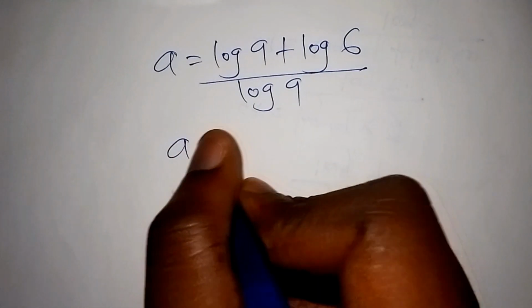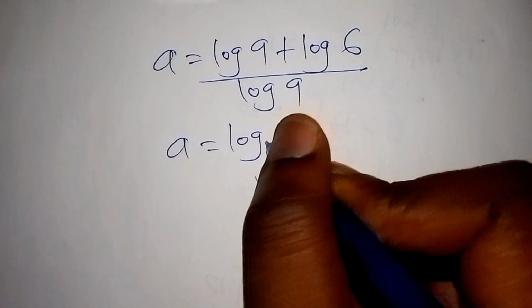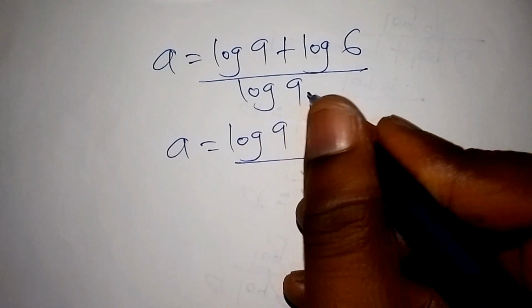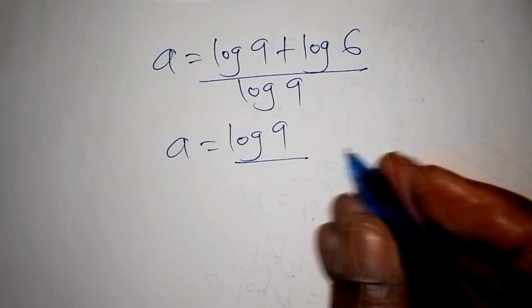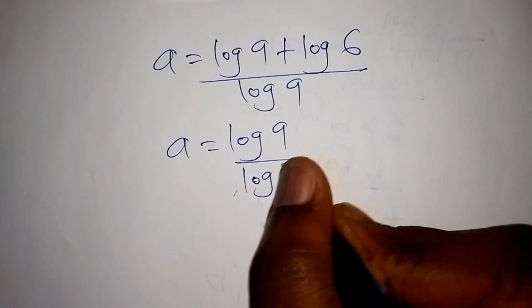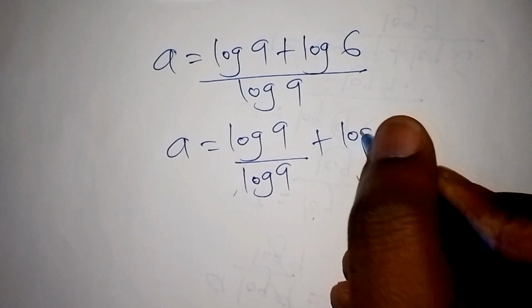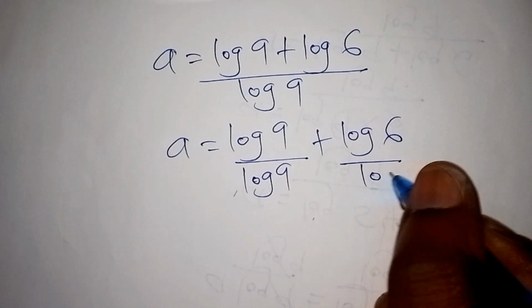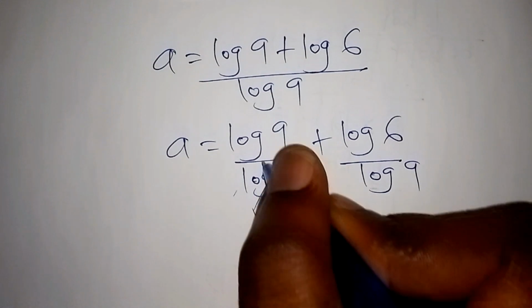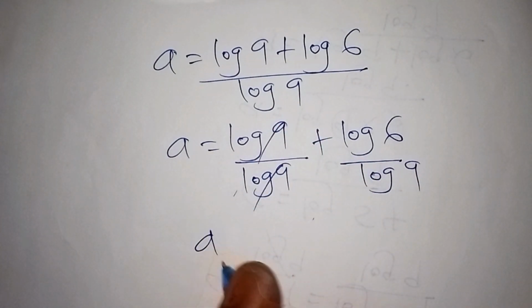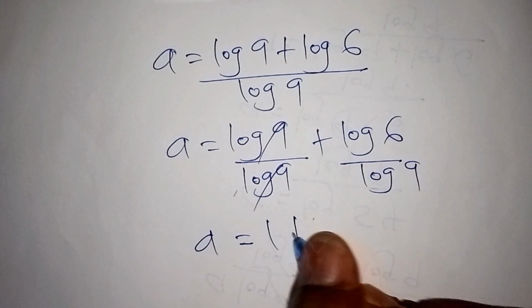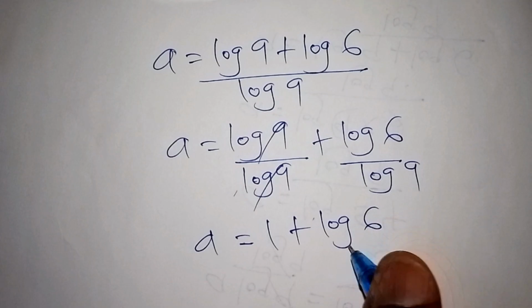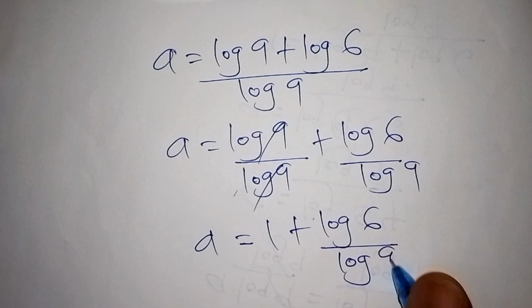Let's split the equation: the log of 9 over the log of 9, plus the log of 6 all over the log of 9. The log of 9 and the log of 9 cancel, so now a is equal to 1 plus the log of 6 all over the log of 9.